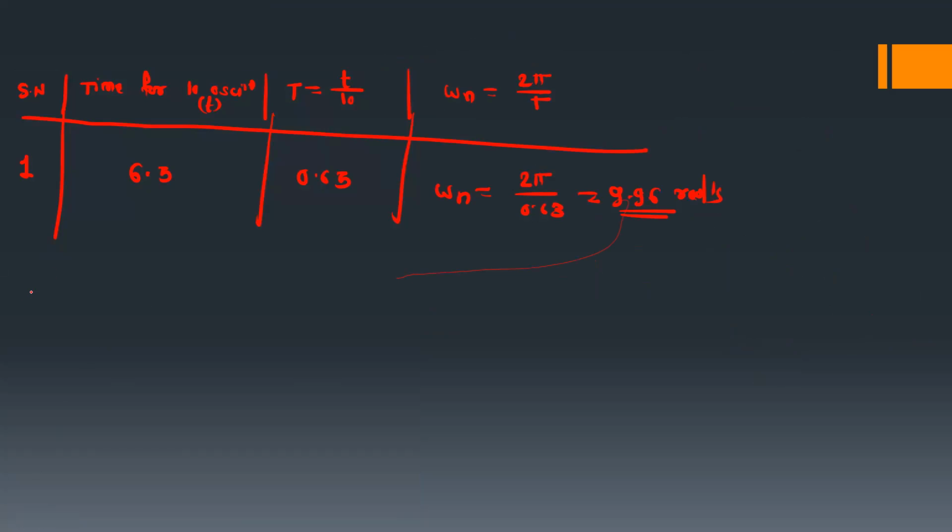Okay. So omega n experimental for the parallel arrangement is equal to 9.96 rad per second. And omega n theoretical is 10 rad per second. Okay. So both the values are the same.